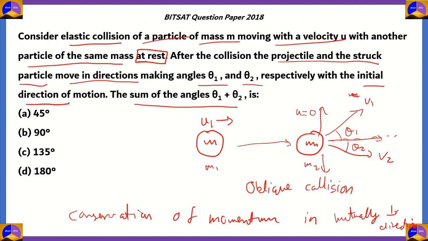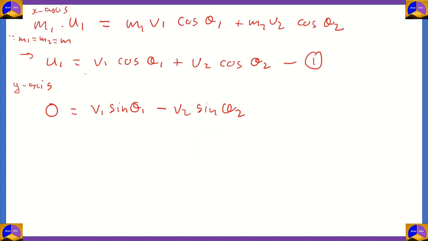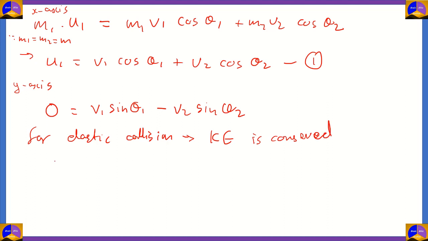Now we consider this collision as elastic. So for elastic collision, we conserve the kinetic energy. So when we are conserving kinetic energy, we'll write the kinetic energy in the first case, that is half m u1 squared equals half m v1 squared plus half m v2 squared.